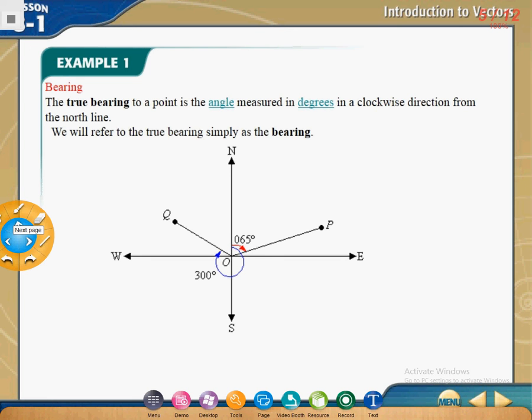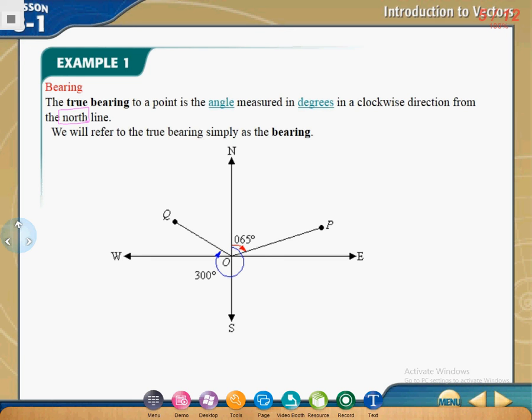The true bearing to a point is the angle measured in degrees in a clockwise direction from the north. This is the definition. Let's explain it. The key word here, we have a north. We will start from the north. It's an angle, but we will start from the north.